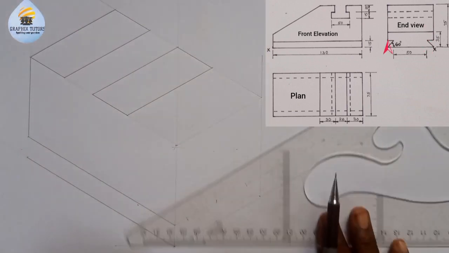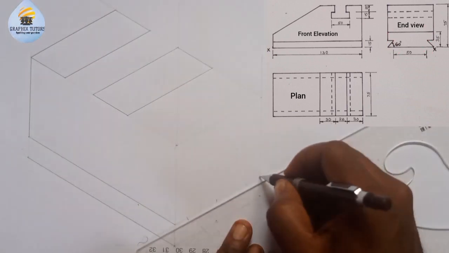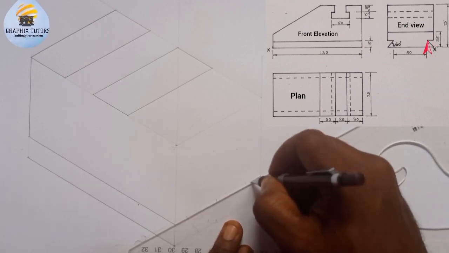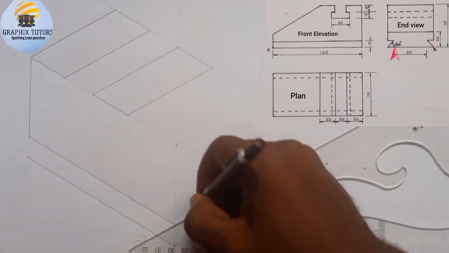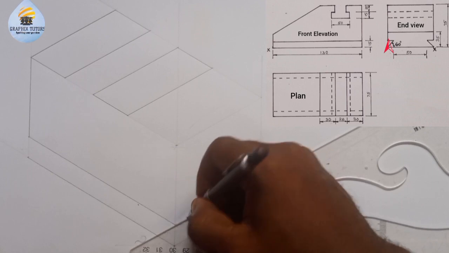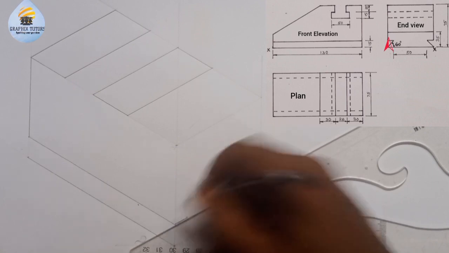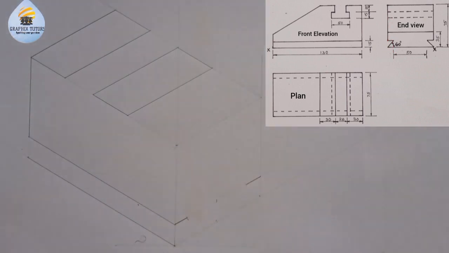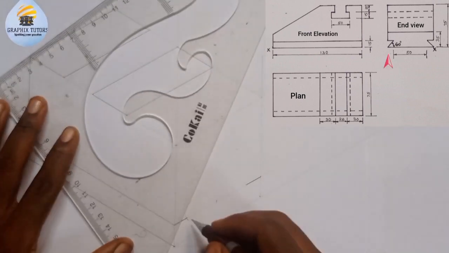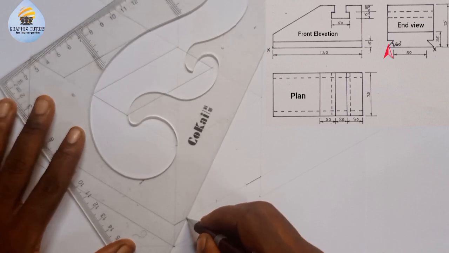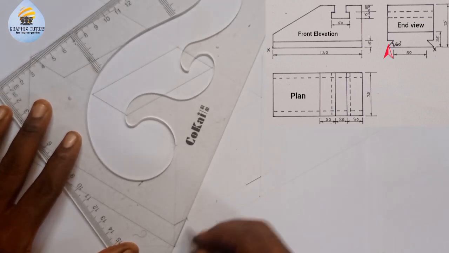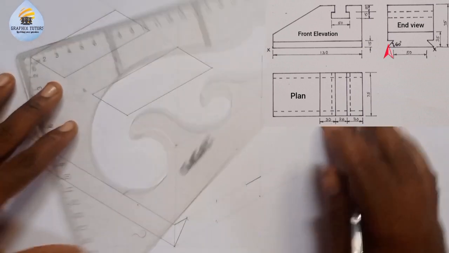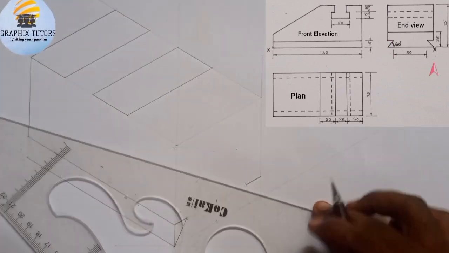Since from here to here is ticked in the diagram, I'm going to tick in from here to here, and also from here to here. Then the rest is connected to this point here, and also to this point here.